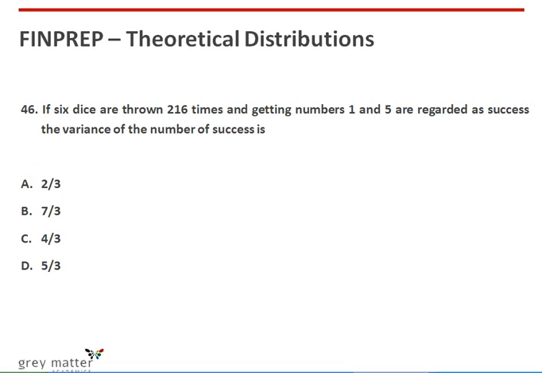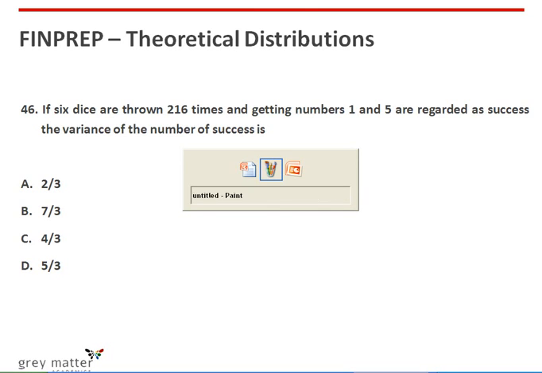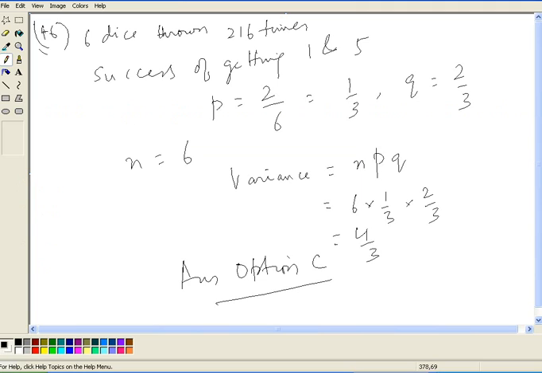46th problem: if 6 dice are thrown 216 times and getting numbers 1 and 5 are regarded as success, the variance of the number of successes is worked out as follows. 6 dice are thrown 216 times. Success of getting 1 or 5 we know as 2 by 6, which is 1 by 3.